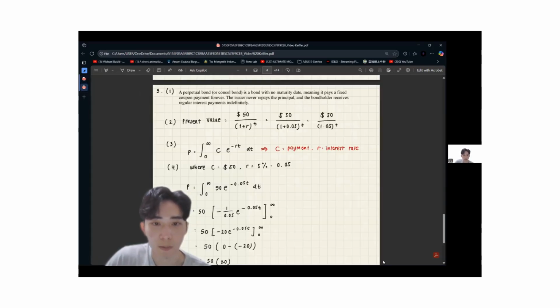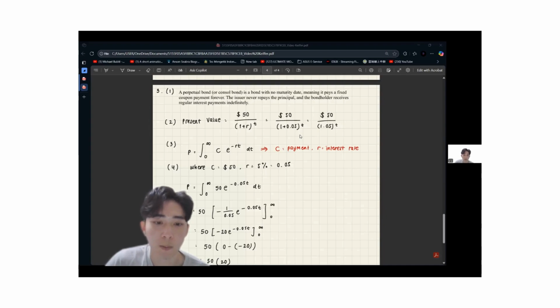Okay, so I'm going to explain the answer that I already did before. A single $50 payment received T years from now, we discount it back to today's dollars using the market interest rate of 5%.